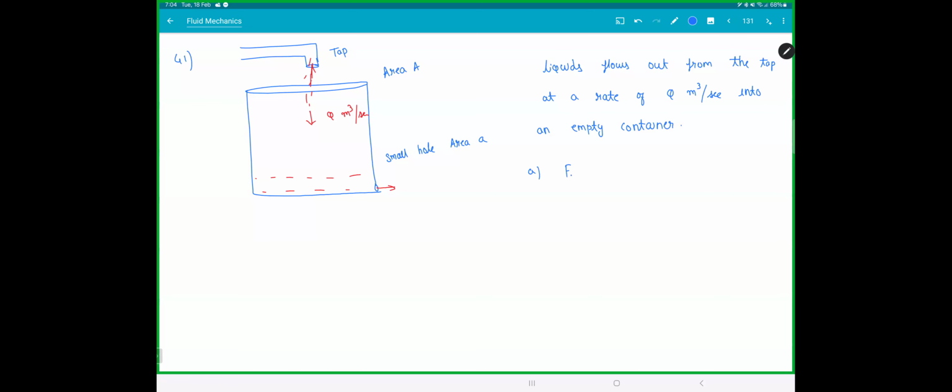First one, find the height of the liquid at time t. If they ask you, this becomes an advanced question. But if I want to ask you just at a mains level, find the maximum height. Something happens. The liquid will reach a certain height and stop. And approximately plot height versus time graph. So how is the height of the liquid changing with time?